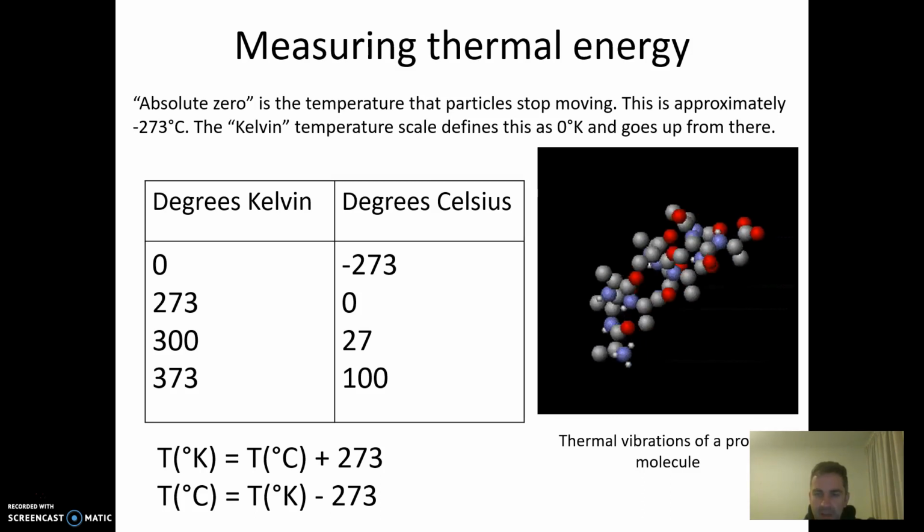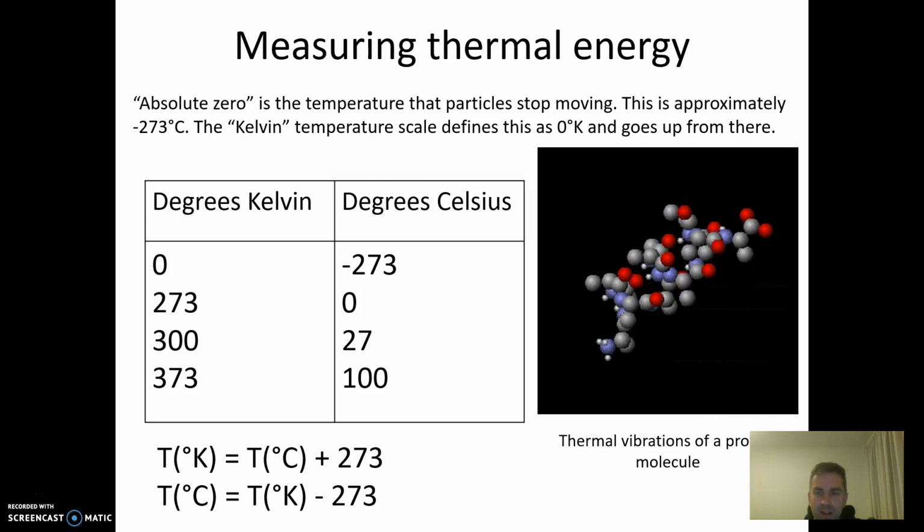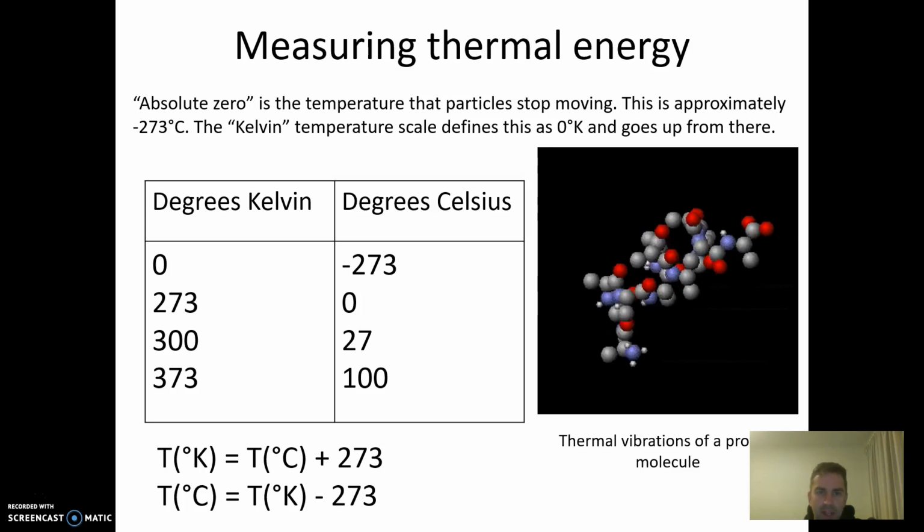We normally measure temperature in degrees Celsius, but it turns out scientists have another scale that they use often. It's based on this idea of absolute zero, which is the temperature when the particles in the substance will actually stop moving and have no more kinetic energy. This is approximately negative 273 degrees Celsius, and this temperature scale is called the Kelvin scale.